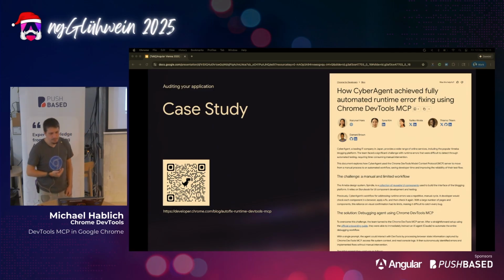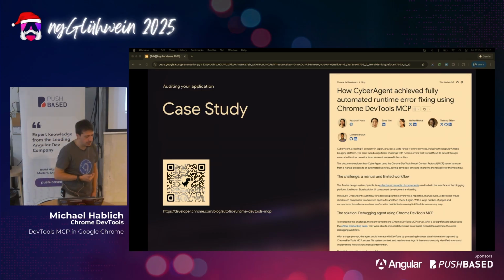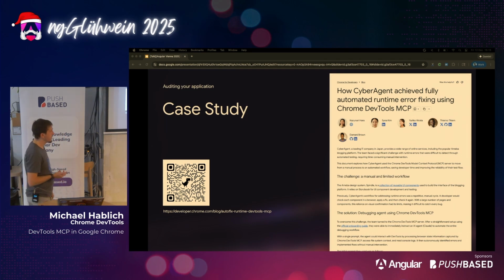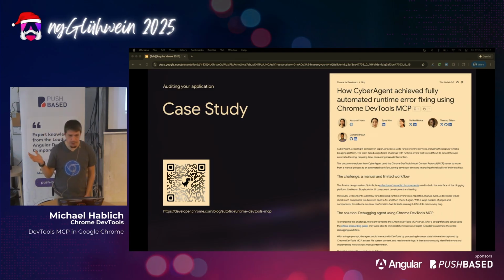So what they did, they hooked up one AI agent, I don't know, either it was Gemini or Claude, I can't recall, to the chrome-devtools MCP server, and essentially told it, you know what? Look at all those pages in the design system and start fixing those errors. They found a handful of errors and let them be fixed by AI coding agents.